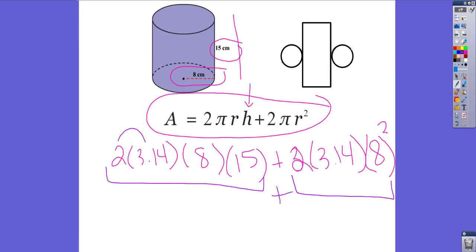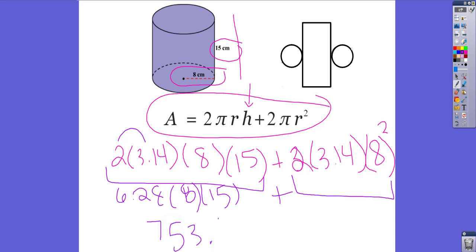So we can start off with this. I know that pi times 2 gives me 6.28, and then I would need to multiply that with 8 and 15. Go ahead and solve that, please. Should have gotten 753.6.